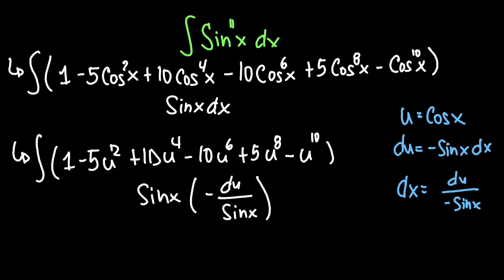For this, let us simplify. You can see here that sine of x would cancel, which leaves you with a negative du, but that cannot happen. So just put the negative sign outside the integral.